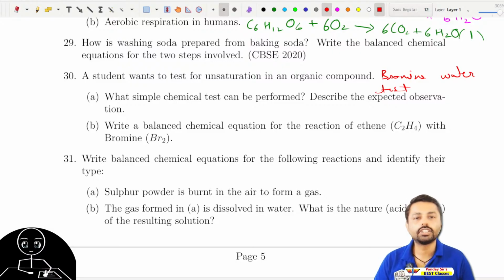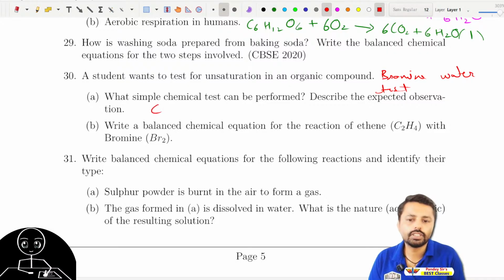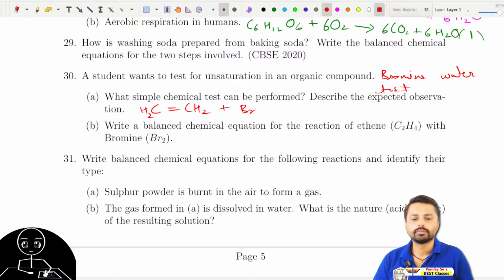I'll say the reaction, then you will understand what I meant. So let's take for example ethene, C2H4, plus Br2, bromine, and we get C2H4Br2. Again, I'll make how it looks, then you'll understand.